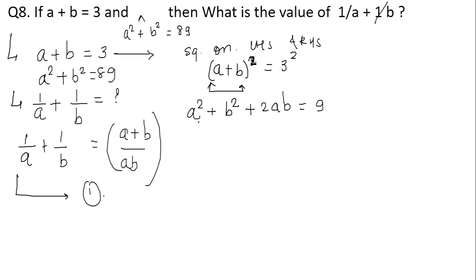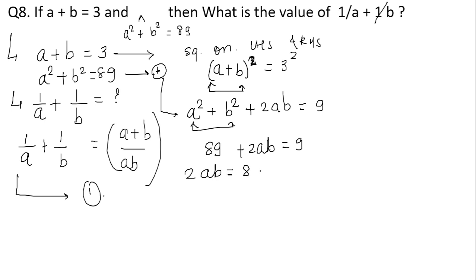Here the a square plus b square value has already been mentioned in the question, that is equal to 89. I'll insert this value at this place, that is 89 plus 2ab is equal to 9. So the value of 2ab will be 9 minus 89. This will give me 2ab is equal to minus 80. The value of ab will be minus 80 divided by 2, that means minus 40. Okay, so here we got the value of ab is equal to minus 40.